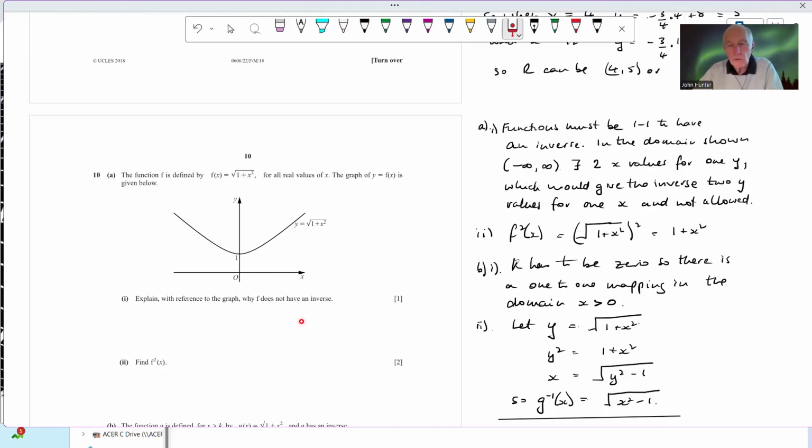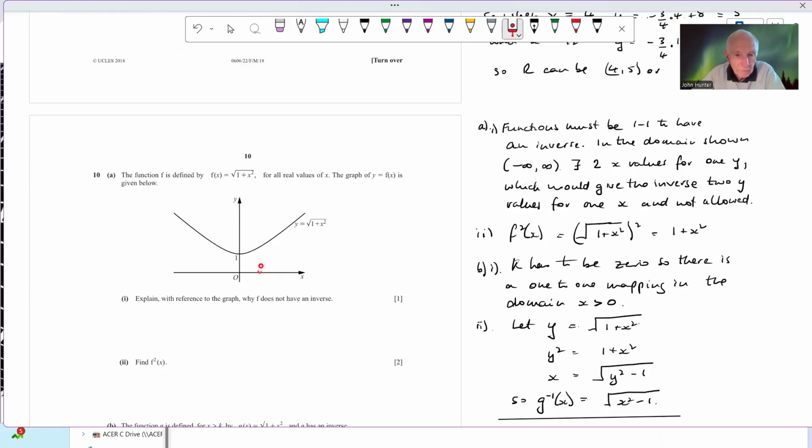Well, the point with inverse is that for a function to have an inverse, it's got to be a one-to-one function. So one value of x gives us one value of y. Because when we invert it, they obviously need each y to map to a single x.